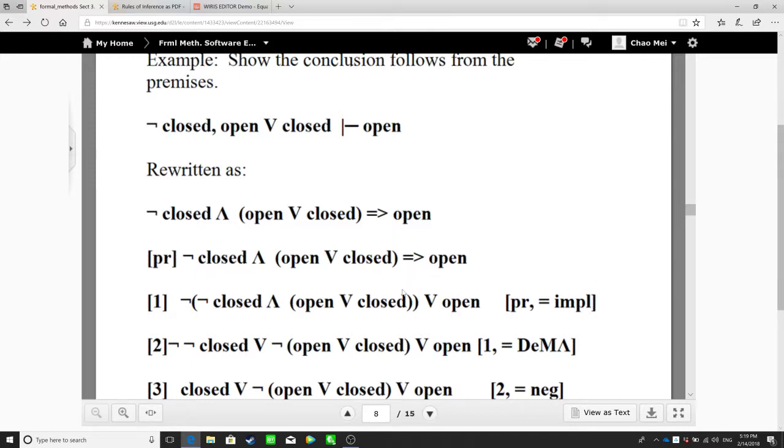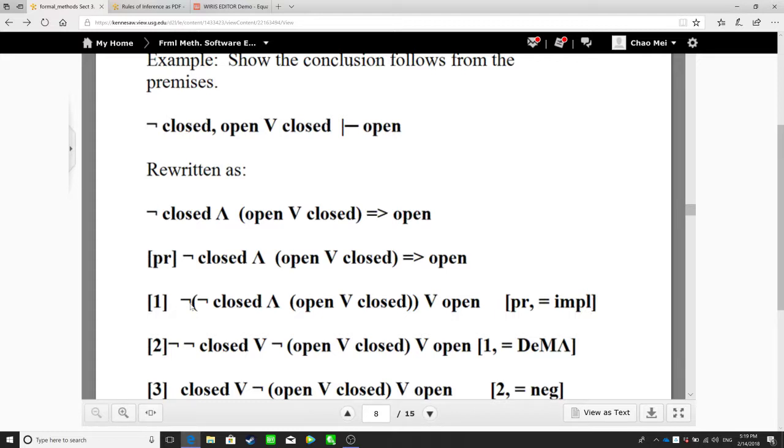Then the next step is you need to use the IMPL rule to change this implication to or, and you put this negation in front of this whole thing to the left side.